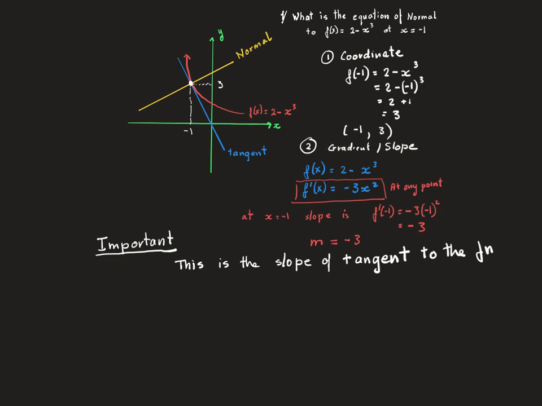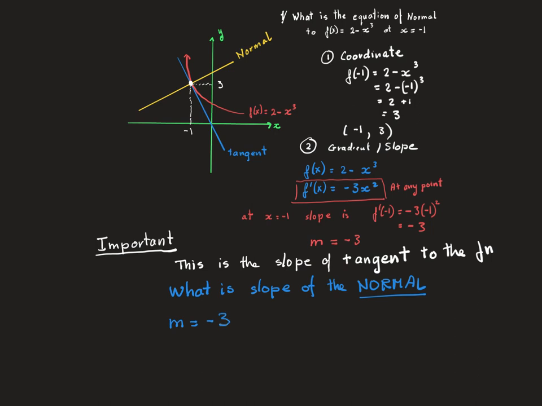But we want to find the equation of the normal. So we need to look for the slope of the normal, which is indicated by the yellow line on the graph. We can find the slope of the normal by finding the negative reciprocal of the tangent slope. So let's say our slope is -3.